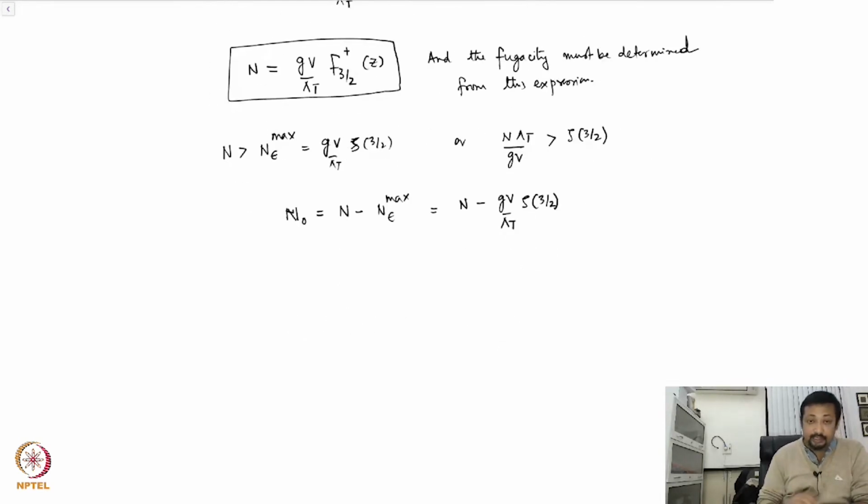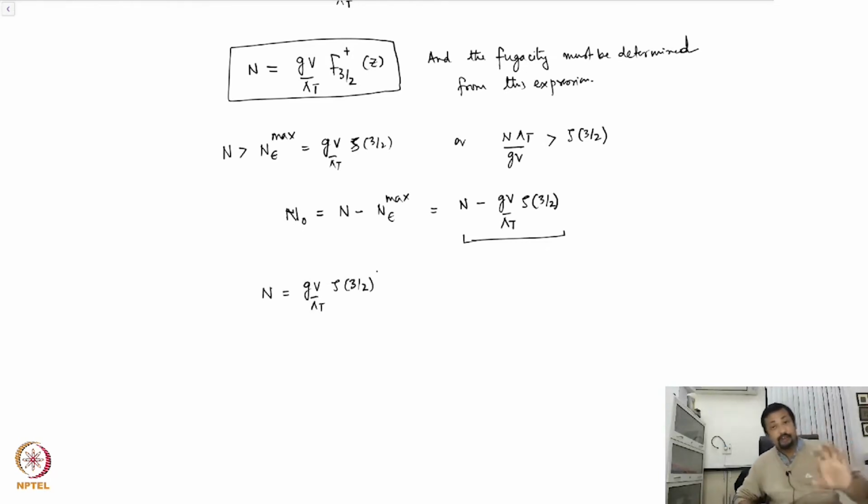This means that there is a condition at which point the condensate can appear. I can figure out a temperature. So I can clearly see that based on this, the condensate starts to appear when N is GV over lambda T zeta to the power 3/2.